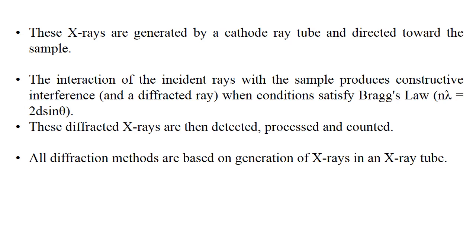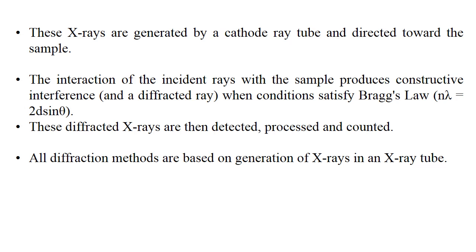The interaction of the incident rays with the sample produces constructive interference and a diffracted ray when conditions satisfy Bragg's law, which is n lambda equals 2d sine theta. This law relates the wavelength of electromagnetic radiation to the diffraction angle and the lattice spacing in a crystalline sample.